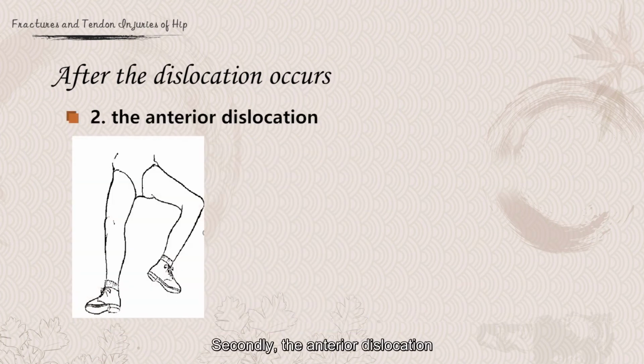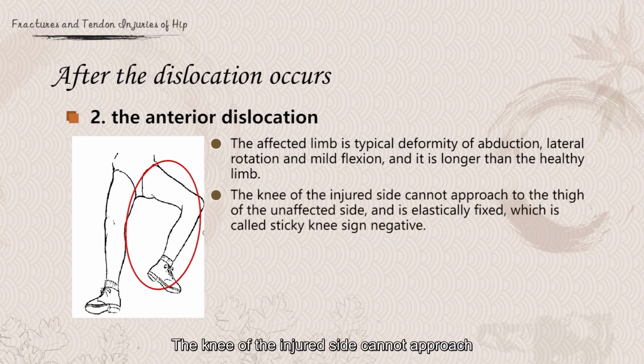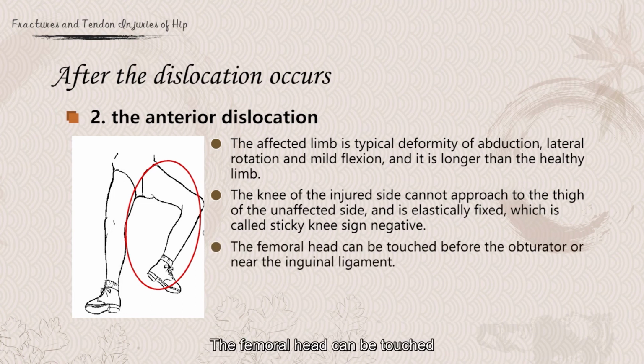Secondly, the anterior dislocation. The affected limb shows typical deformity of abduction, lateral rotation, and mild flexion, and is longer than the healthy limb. The knee of the injured side cannot approach the thigh of the unaffected side and is elastically fixed, which is called sticky knee sign negative. The femoral head can be touched in front of the obturator or near the inguinal ligament.